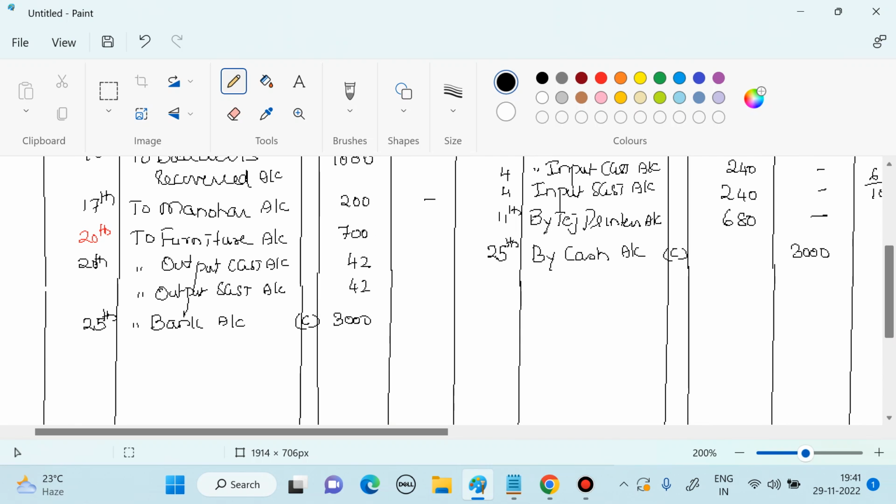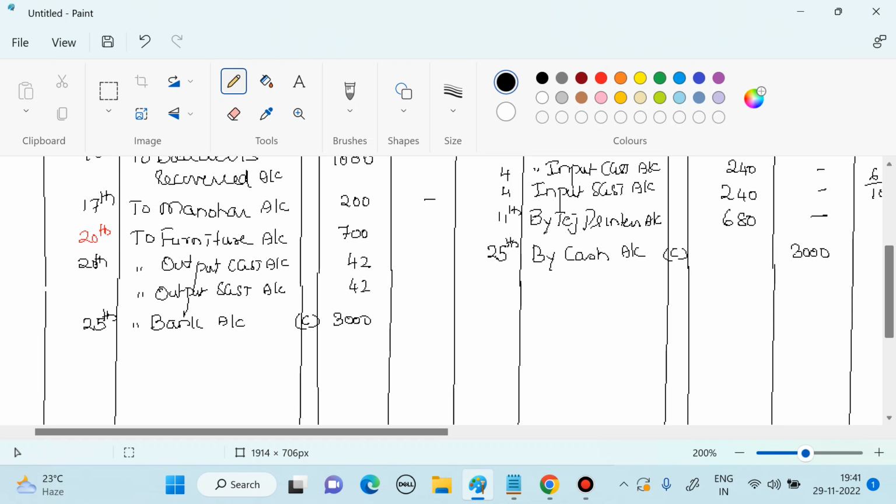Then on April 25th, there is one more entry. Drew from bank for household expense 1,000 and for income tax 500. When amount is withdrawn for household expense and income tax of the proprietor, what do we call it as? Do you remember? Correct. Very good. So this is withdrawal for personal use.